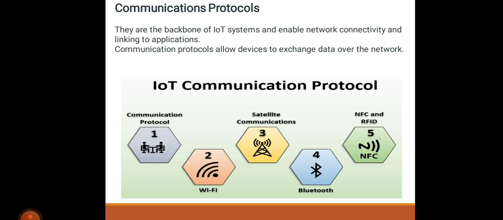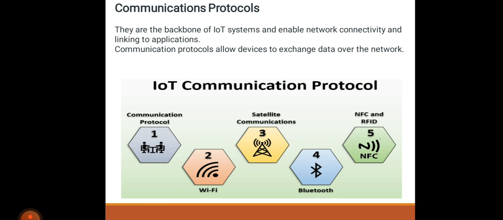Then what are the applications of protocols? The applications of communication protocols are data encoding, addressing schemes, etc. Then the IoT communication protocols are Wi-Fi, satellite communications, Bluetooth, NFC and RFID. There are some examples of communication protocols. Now, what are the types of protocols?